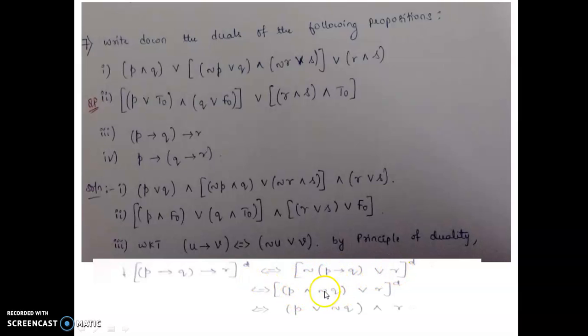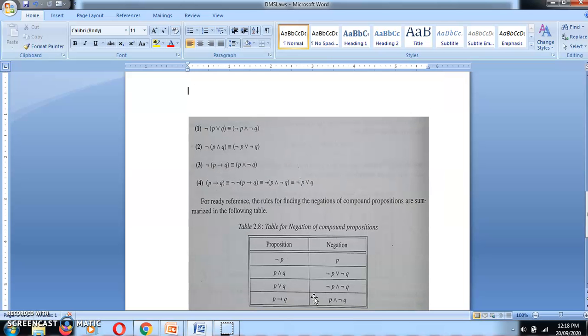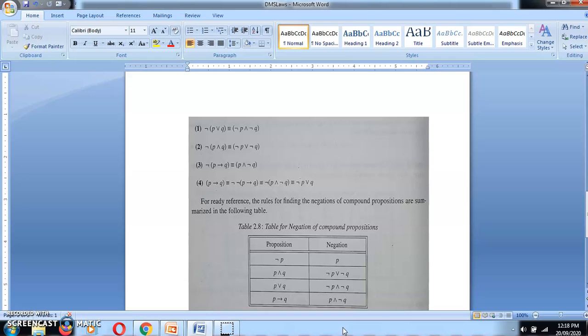Now again we have in the form P conditional Q. So now how to write this one? Again we have negation of P, and it can even be written with one more formula, or one more law we have. Let us see what that is. Okay, here which is applied over here.